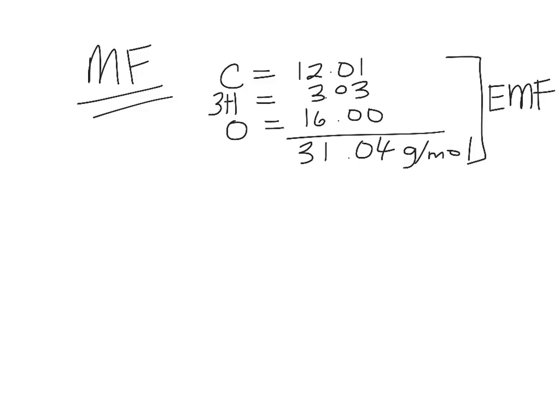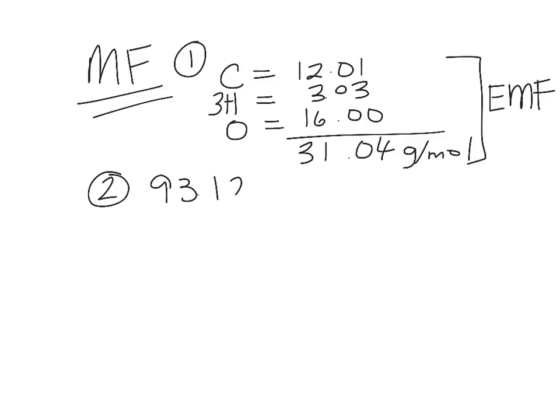It says the molar mass of the entire compound is 93.12. So what you do for step 2 is you take the 93 and divide it by the 31.